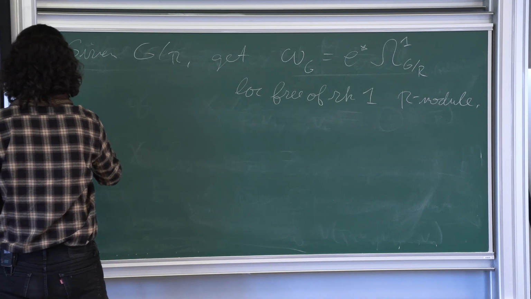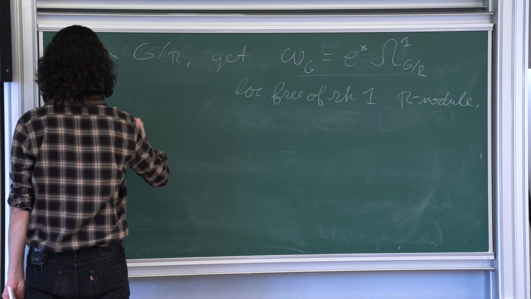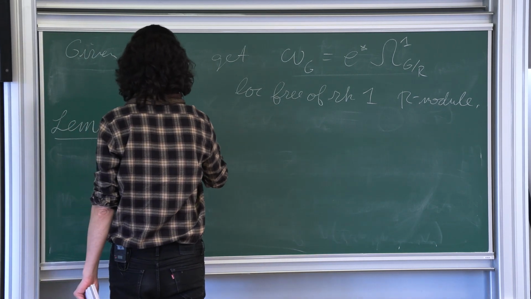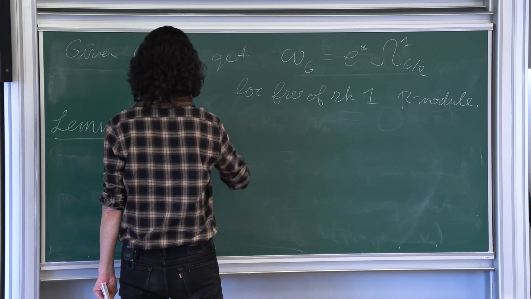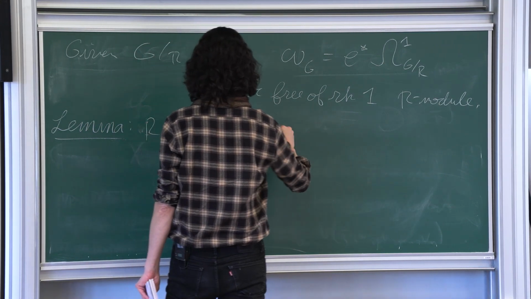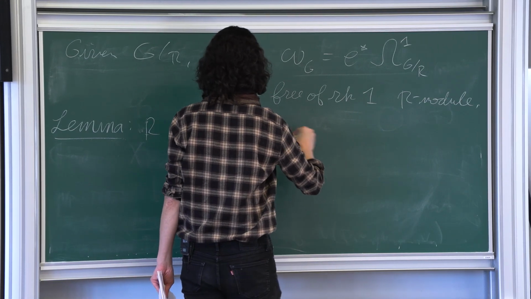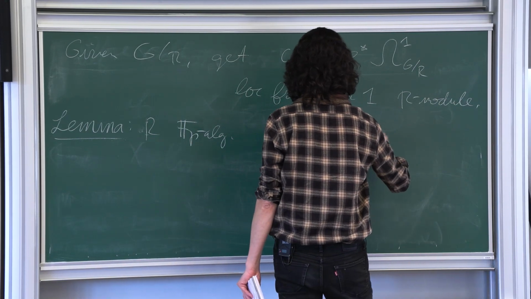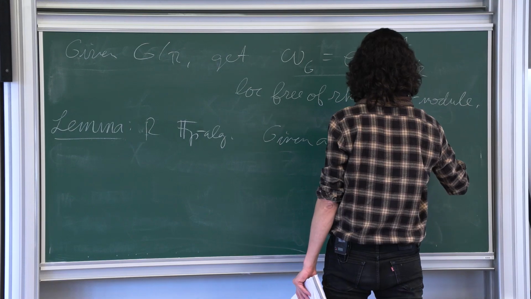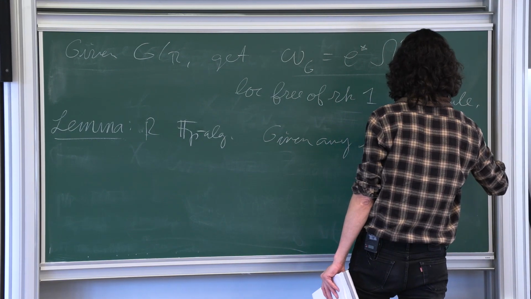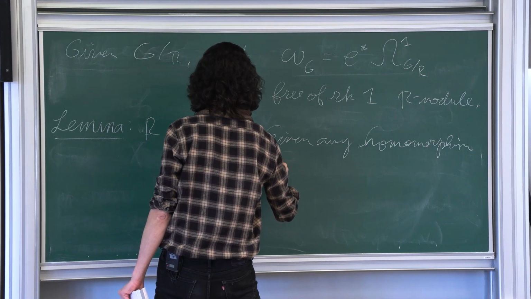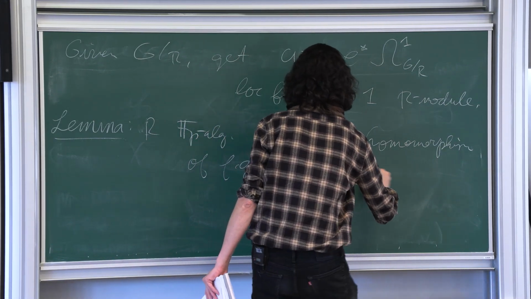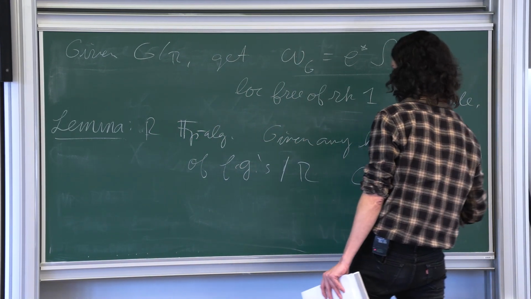So let me make a little lemma. Suppose R is an F_p algebra. Given any homomorphism of formal groups over R, say from G to H, the following are equivalent.